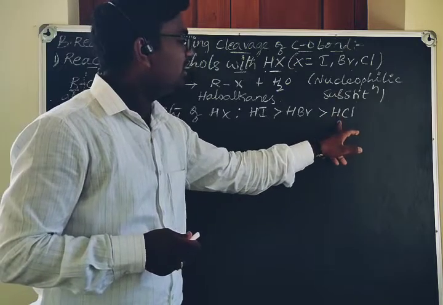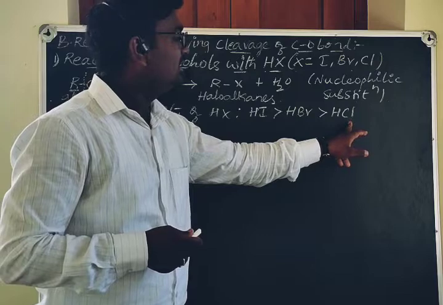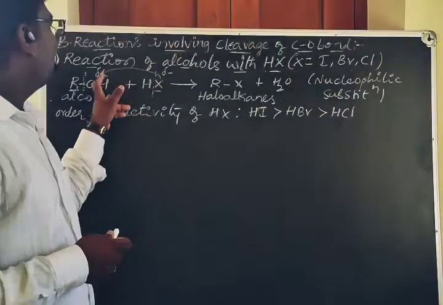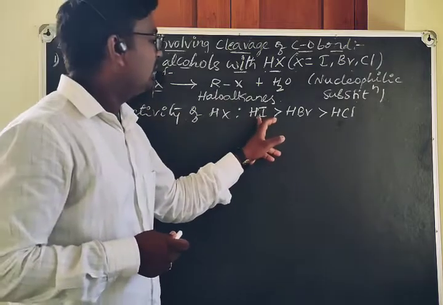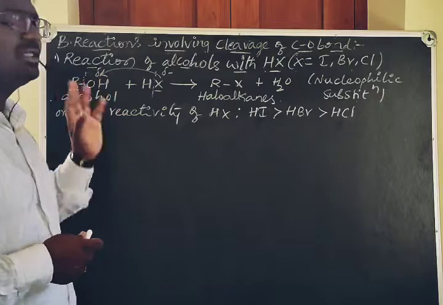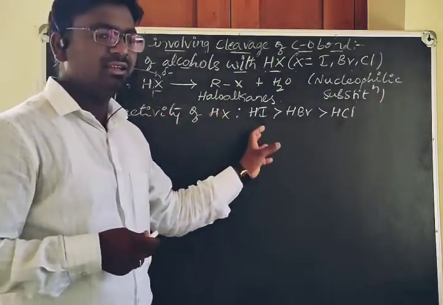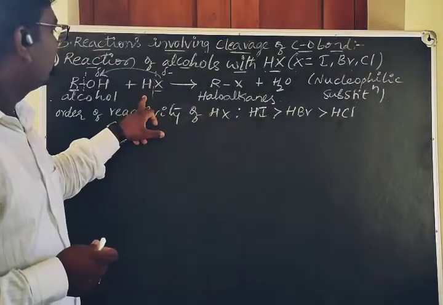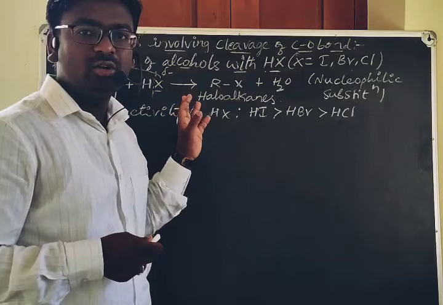That is why the breakage of the bond between H and Cl is a little difficult. That is why Cl does not immediately exchange with the OH group, while with HI, the iodide can easily come out and replace this OH minus. So this is the order of reactivity of hydrogen halides. When you take HI, it immediately undergoes reaction and gives iodoalkanes.